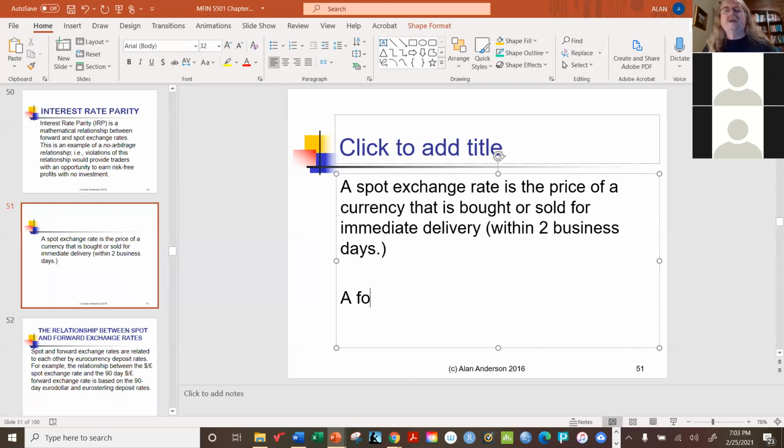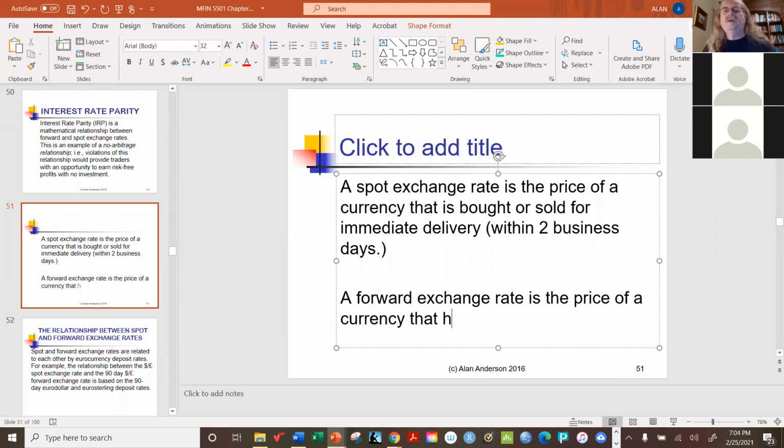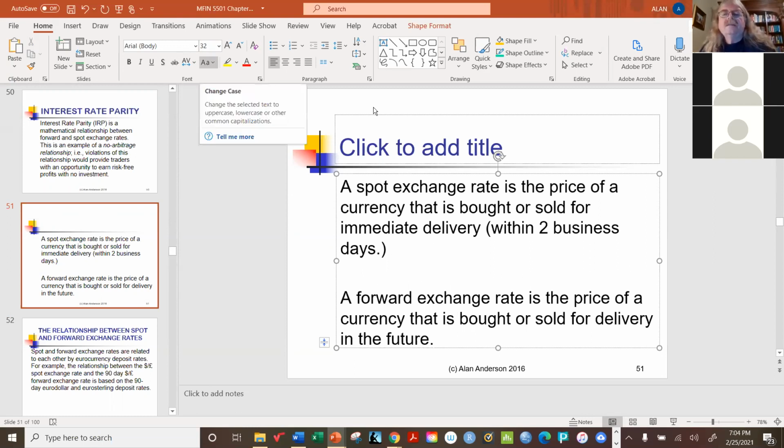A forward exchange rate is the price of a currency that is bought or sold for delivery in the future. When we say the future, typically the most common maturities are 30, 60, 90, maybe 120, 180 days. In other words, at least a month in the future is what we're really talking about here.